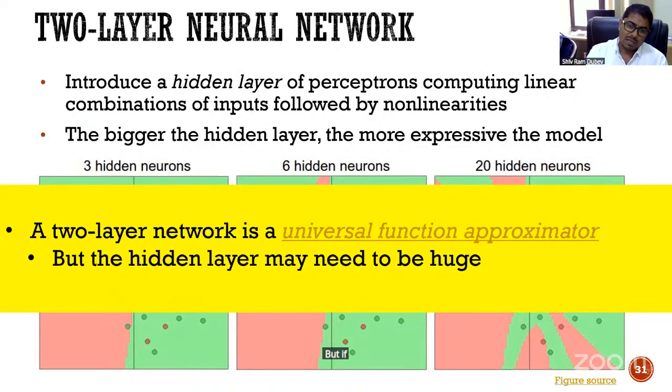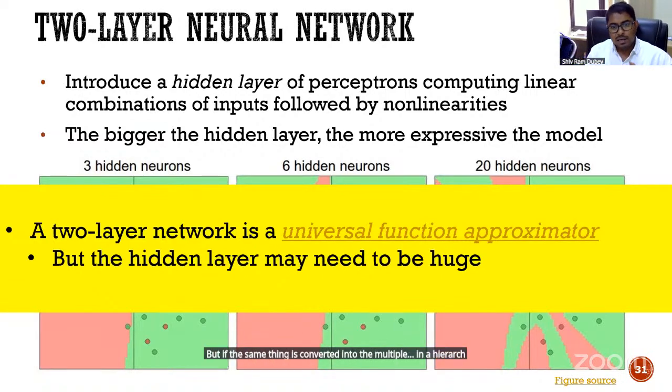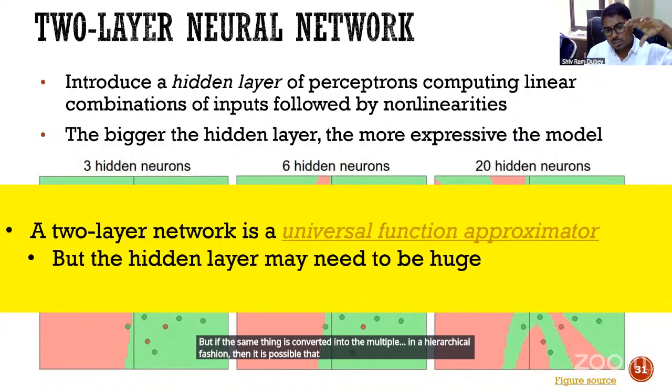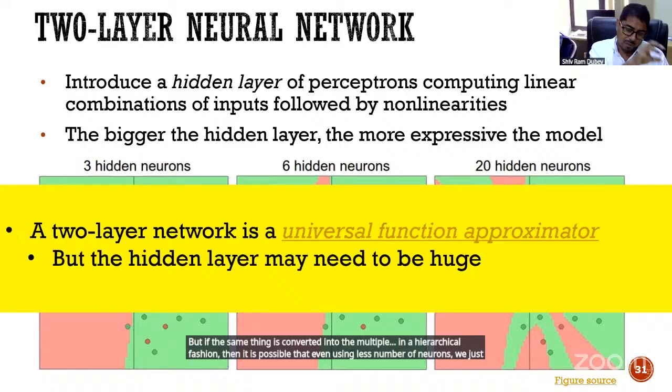But if the same thing is converted into multiple layers in a hierarchical fashion, then even using fewer neurons, we transform our data into some feature space, and then we further transform, and then we further transform.